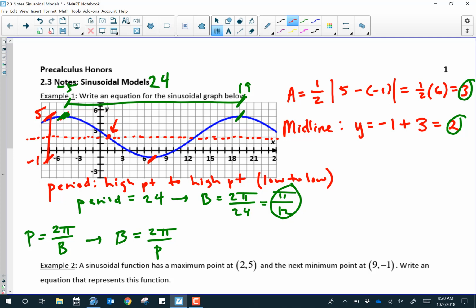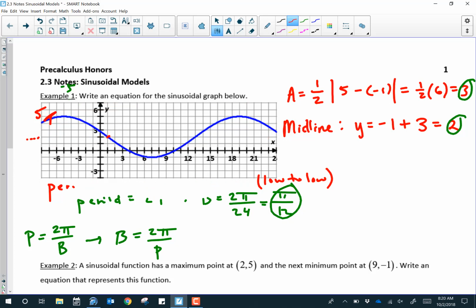Okay, so I'm going to give you 2 examples here. So I'm going to kind of erase this a little bit so that I have a clear graph. So we have this point, which was on the midline. So if I start on the midline, that would be looking at which function? Sine. Okay, so if I start on the midline, I would have a phase shift of 1, right?